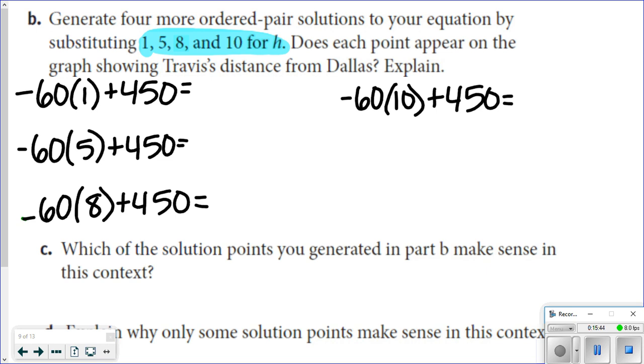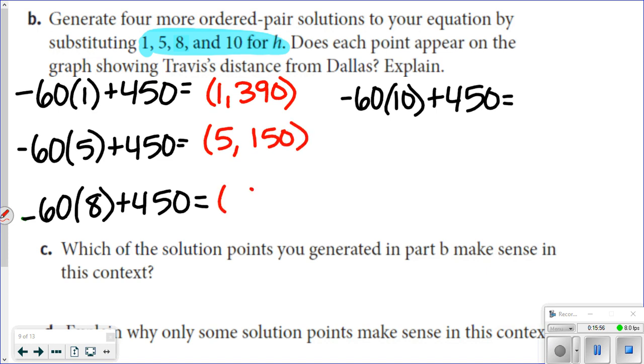So when I plugged in 1, my answer is 390. 5, 150. 8, negative 30. 10, negative 150.